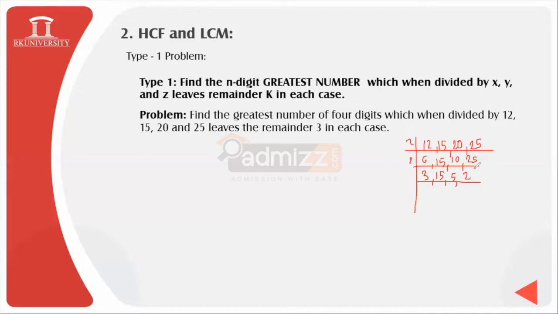Then we have 3 as the next number. Then we have 5 over here.